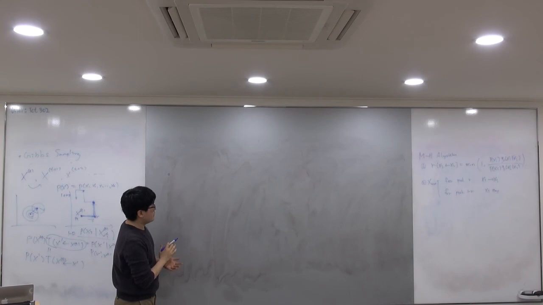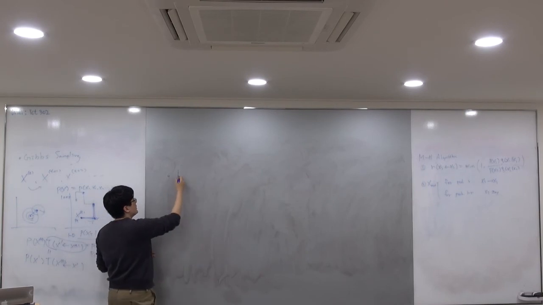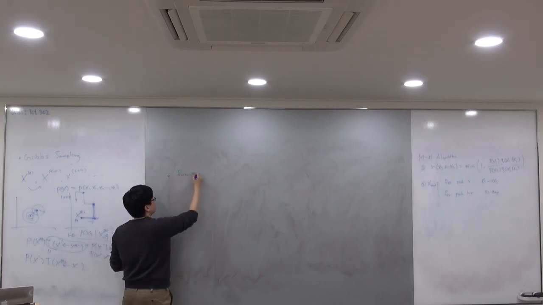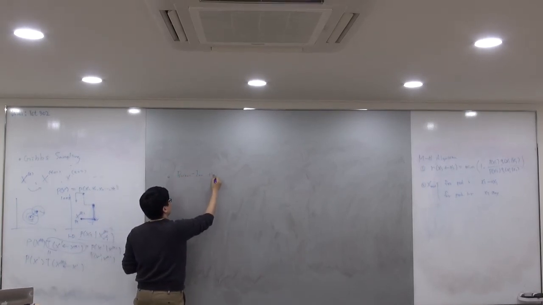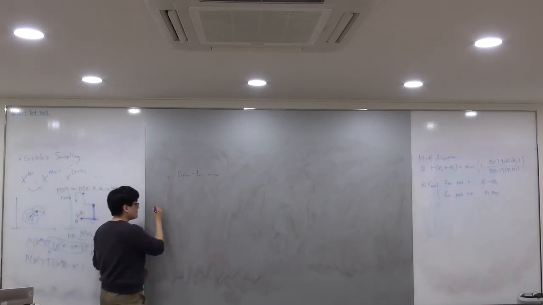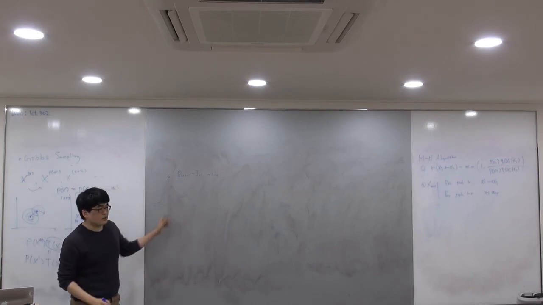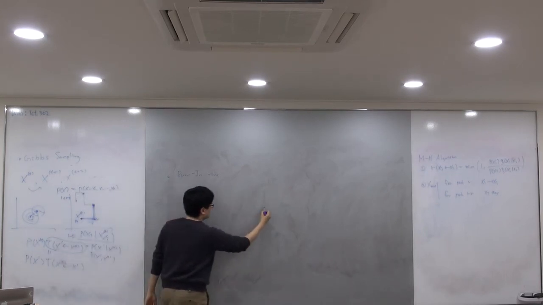And lastly, I want to mention for 3 minutes that MCMC is a great algorithm, but you need to be careful in practical use. First one is the burn-in time. I'll show you in a MATLAB demo. Let's say your distribution is here, and you start from here.